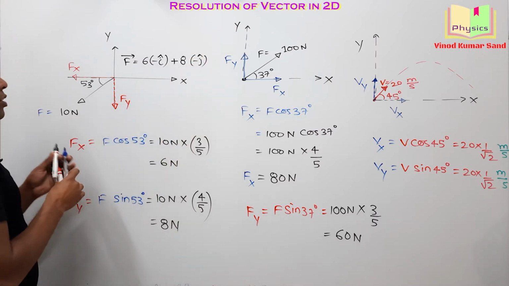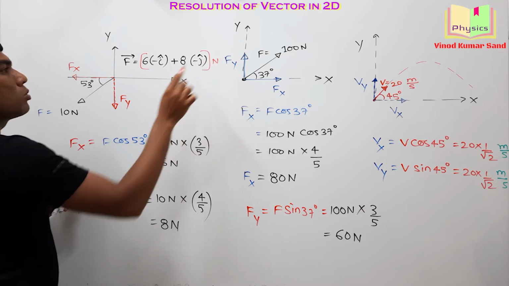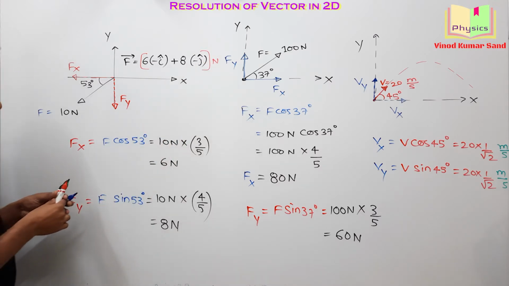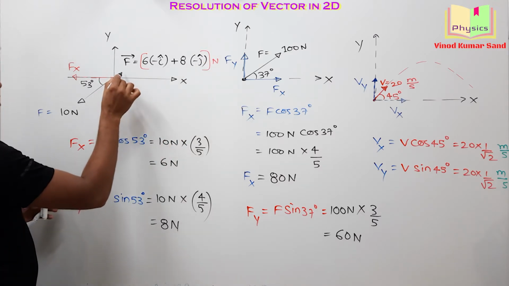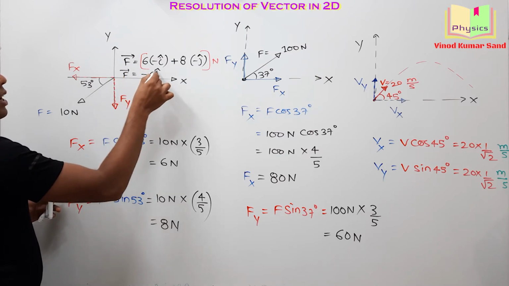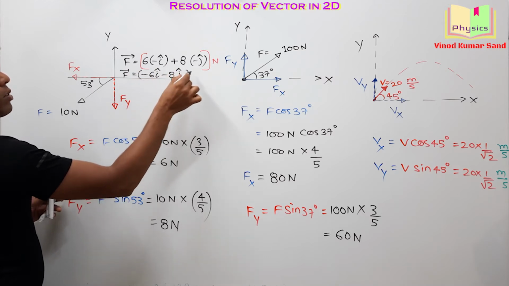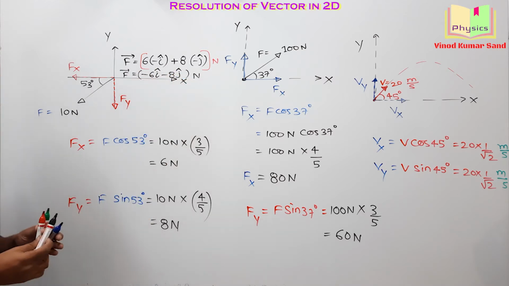And since we are talking about force, the unit must be Newton. Do you agree? This can again be written as F vector is equal to minus 6 i cap minus 8 j cap, and the unit we can write as Newton.